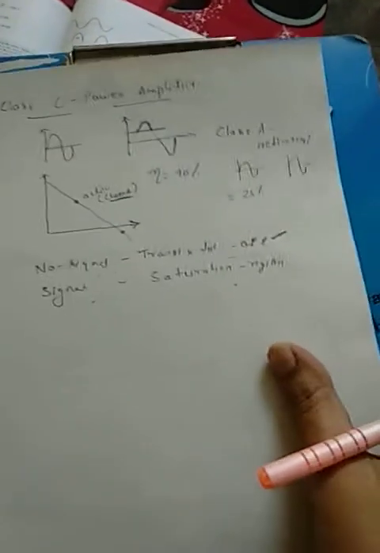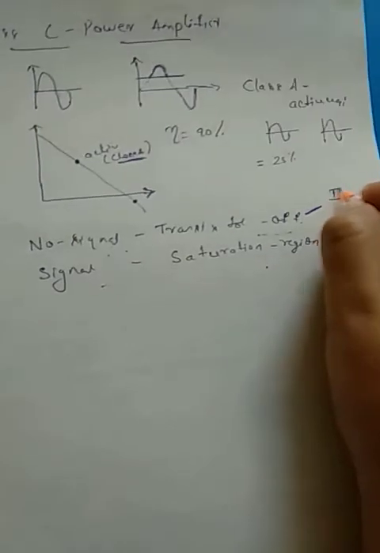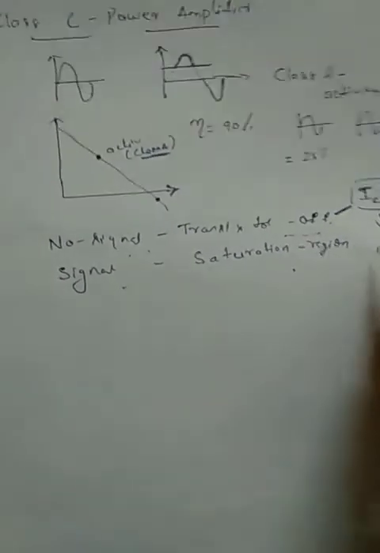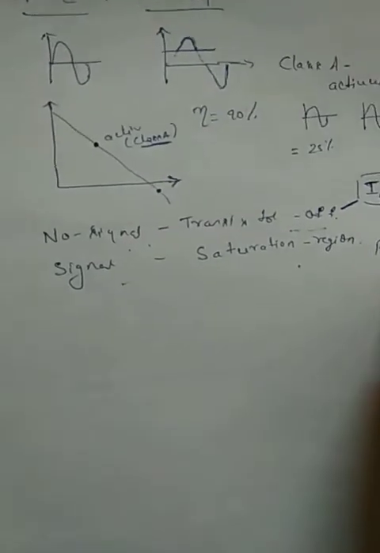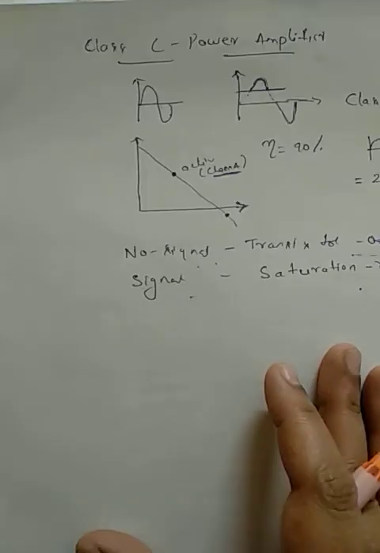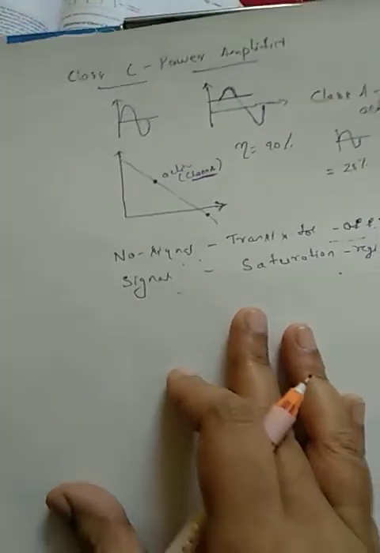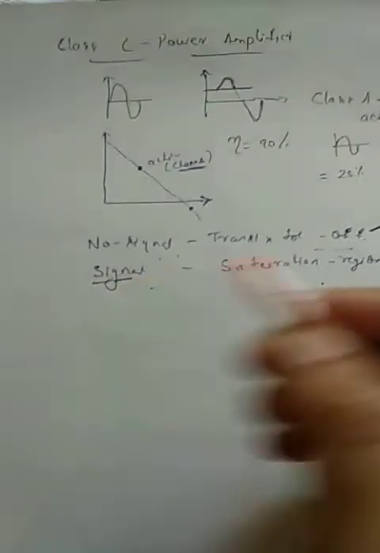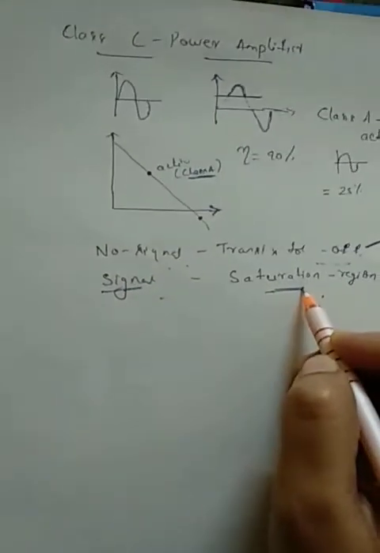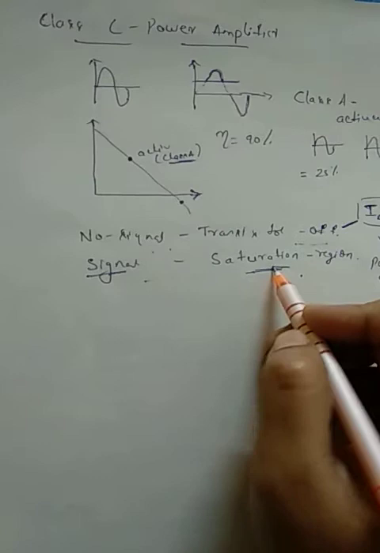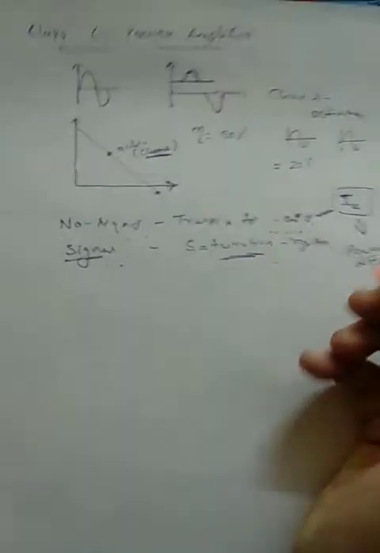As we know, when the transistor is off, the current through it, that is IC, is very small. Since IC is very small, the power dissipation will be negligible. Similarly, when the signal is applied, the transistor operates in the saturation region, so the voltage drop across the transistor will be very less.